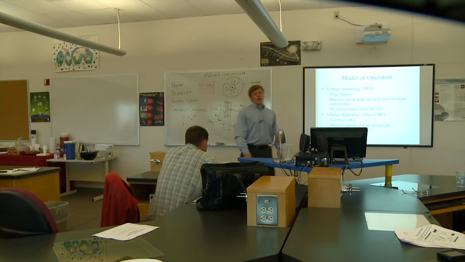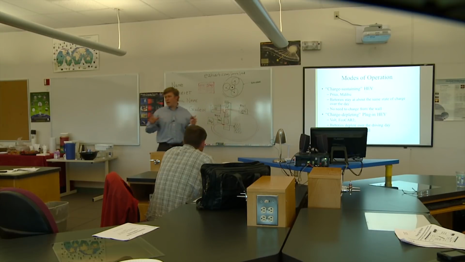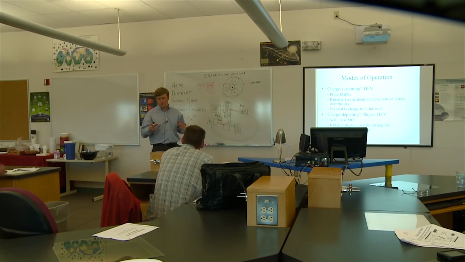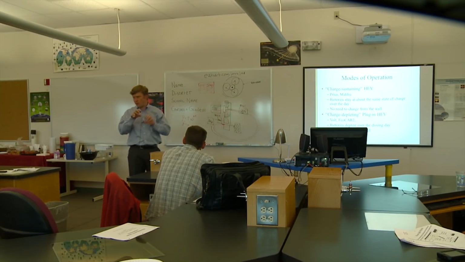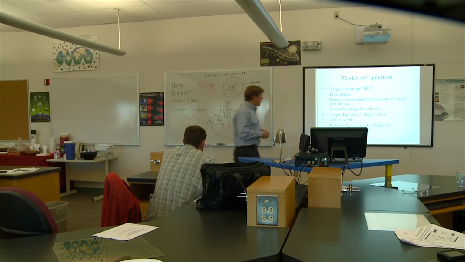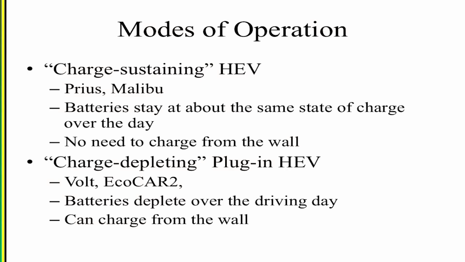Now, that's the idea of the physical way that we can put all these components together. What about the way that they operate? There are basically two different modes that these vehicles can operate in. In general, 99% of the vehicles out there are charge-sustaining hybrid electric vehicles: the Prius, our Malibu Eco out there, et cetera.